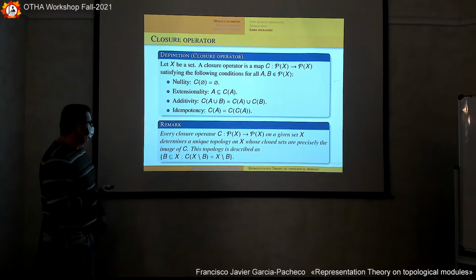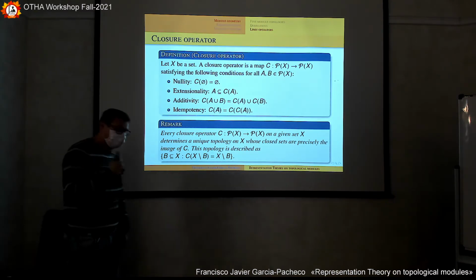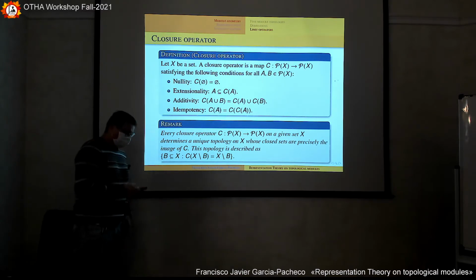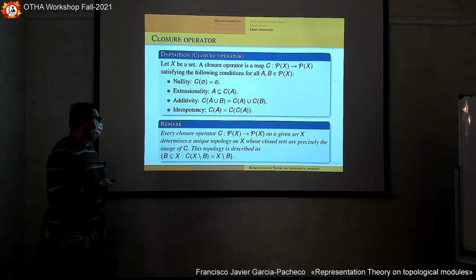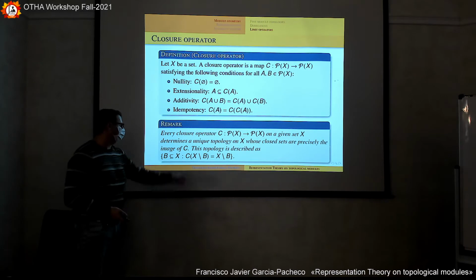Every closure operator on a given set determines a unique topology. This is also a classical result, a topology whose closed sets are precisely described by the image of C.